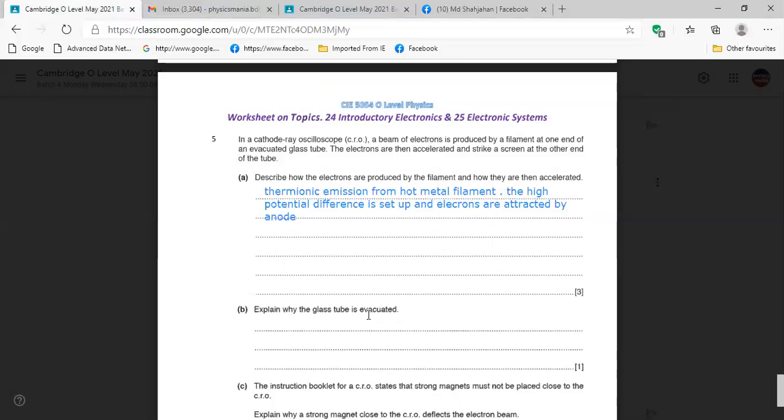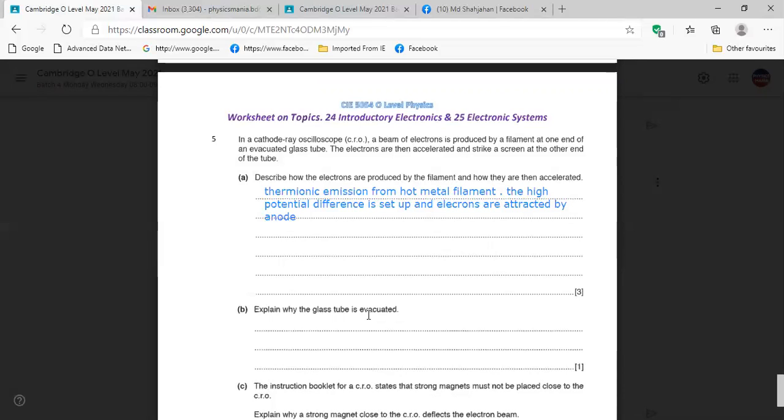Yeah, you write thermionic emission from hot filament, the high potential difference setup, and electrons are attracted by the anode.